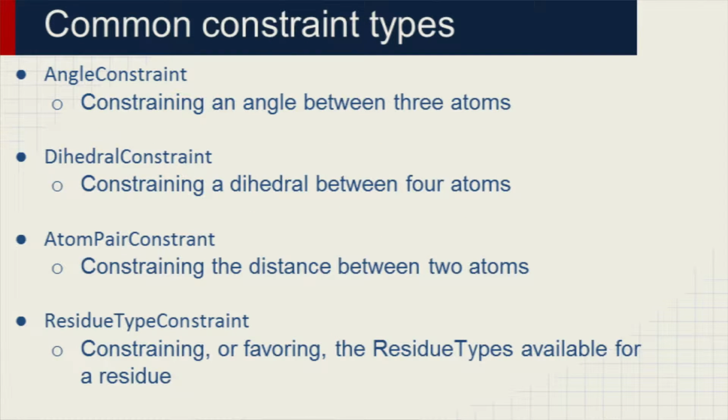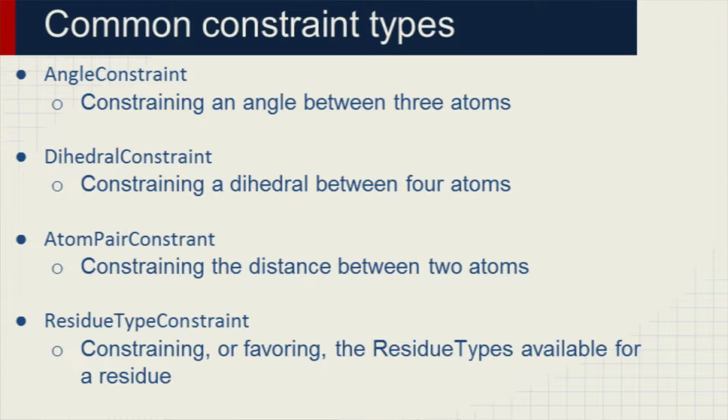All right. So there are many different types of constraints, the metrics, the constraint types. Some of the more common ones are angles, dihedrals, and atom pairs. These constrain geometric things like angles, dihedrals, and distances. And again, for flexibility, these don't necessarily have to be chemically connected angles, dihedrals, and distances.